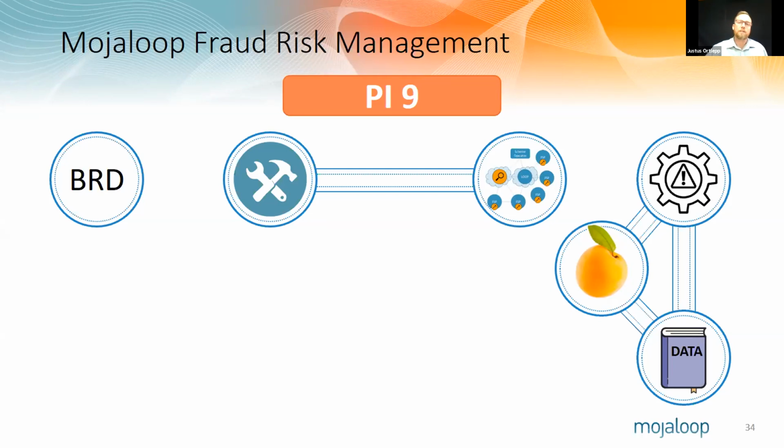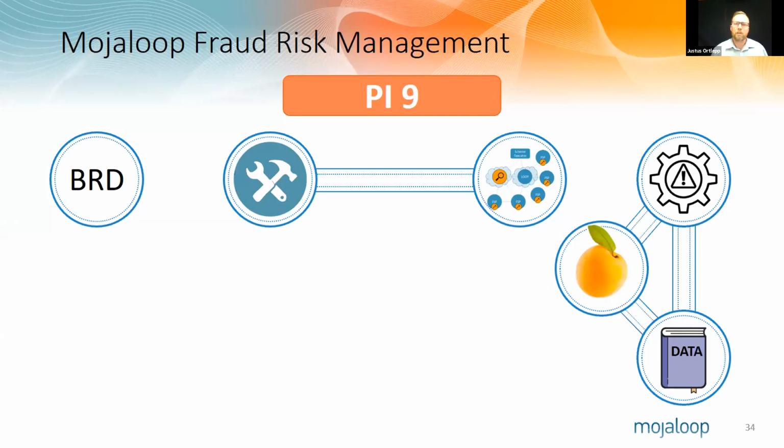We also conducted a strategic assessment and developed a strategic assessment framework and ultimately came up with a number of configuration options for a Mojaloop operator and how it might approach fraud within its ecosystem, depending on who its participants are.